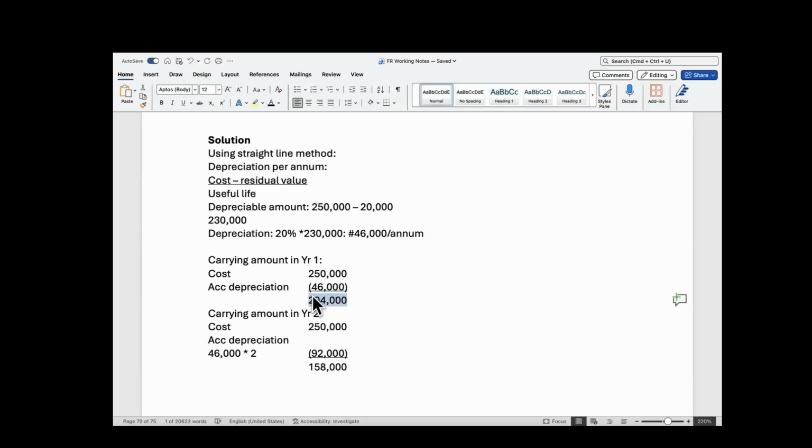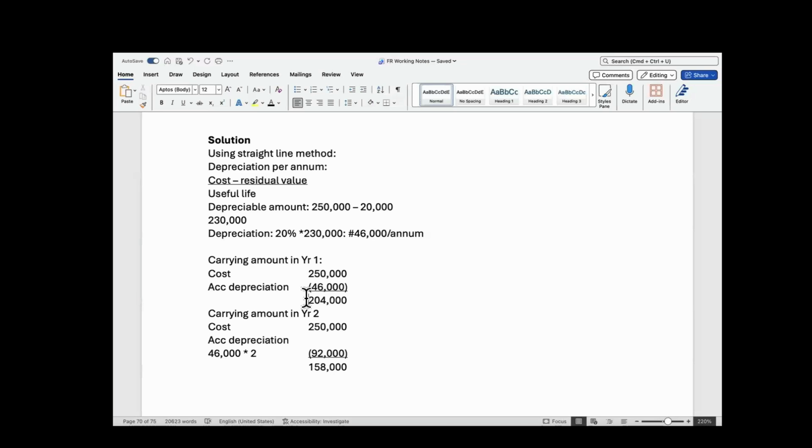Carrying amount does not represent the value of an asset. No, it is not, because it's really the unallocated portion of that asset. If you want to get the value of an asset, you get a valuer, or you probably use a revaluation model that we are going to get to very soon.